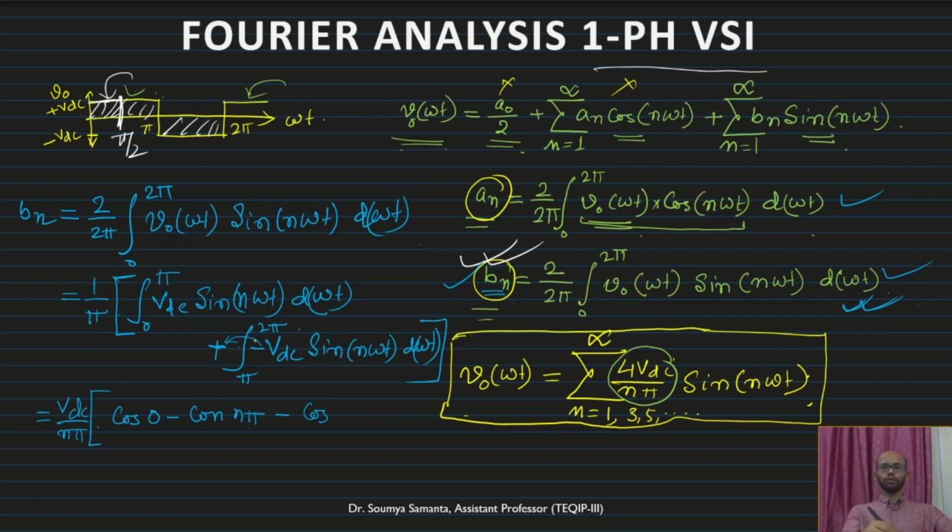So this is 1 minus, another will be the minus because of that. So this will be plus cos of n 2 pi minus cos of n pi. So this is cos n pi, and this is cos of n 2 pi. So this cos 0 equals 1, and this cos 0 equals 1.